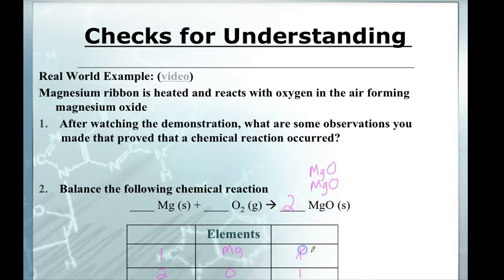So now I have 2 Mgs and 2 oxygens. So I need to change the magnesium because the oxygens are good. So I simply put a 2 here. This 2 has nothing to do with the oxygen because they're separated. It's now a balanced equation. If you want to do the sum of the coefficients, it would be 2, 1, and 2. So the sum is 5. That's an example of a synthesis reaction.